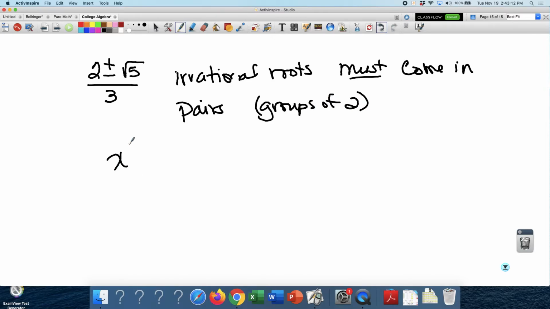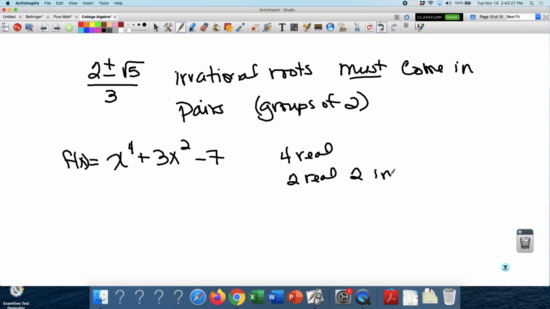So if you have an x to the 4th equation, you can have 4 real, you can have 2 real and 2 irrational.